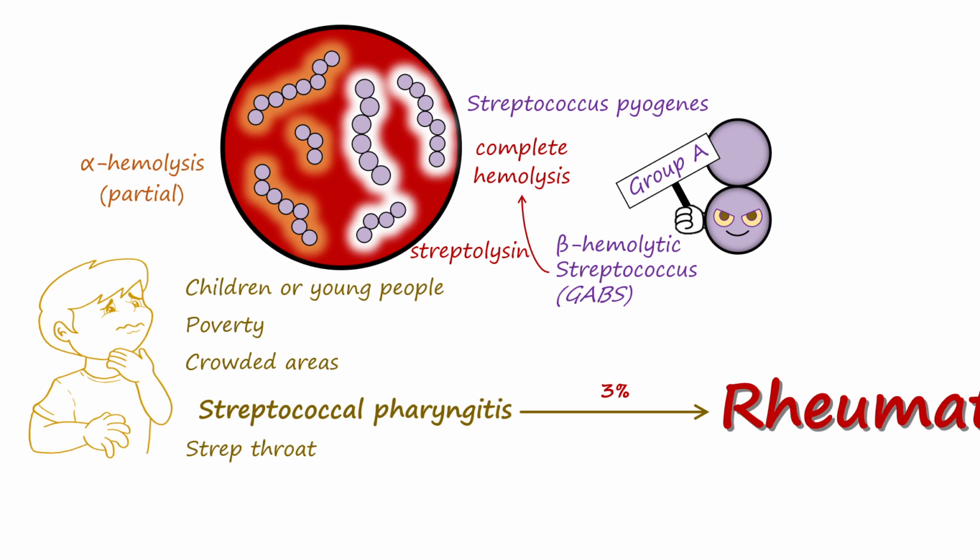Some strains of these bacteria have a matrix protein, called M protein, on their cell wall. This M protein is highly antigenic, meaning it triggers a strong immune response in the body, leading to the production of antibodies against it. However, there's a catch.